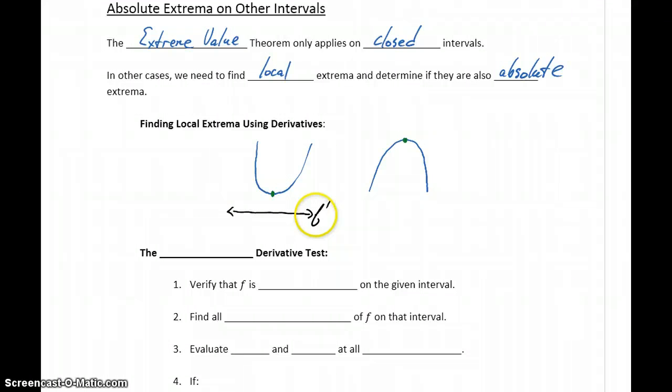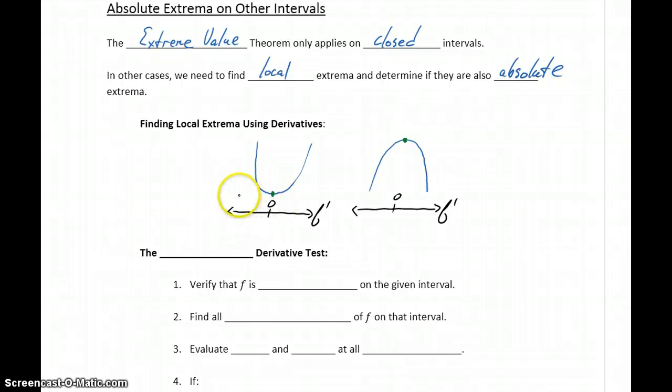So with that sign chart for the first derivative, we would identify this point by finding a point where the first derivative is either equal to 0 or undefined. So we would have a point on either graph where the first derivative is equal to 0, and then we'd look to see that the sign for that first derivative changes.